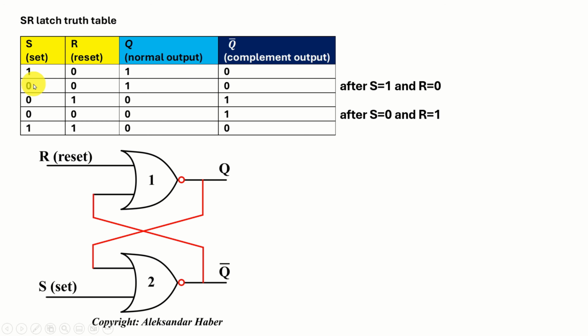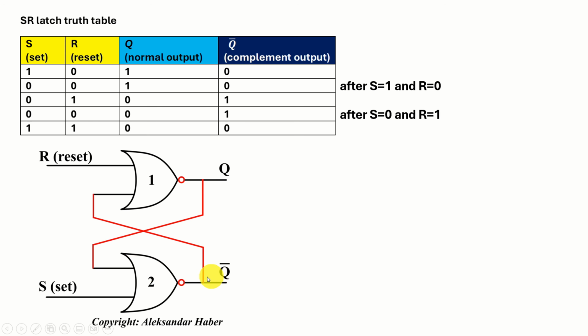Here's the second scenario. This scenario comes immediately after someone pressed 1 and 0. Then over here set is set to 0 and reset remains at 0. However, previously Q is 1. So let's analyze. Since set is 0 and the previous value of Q is 1, the output over here will be 0.